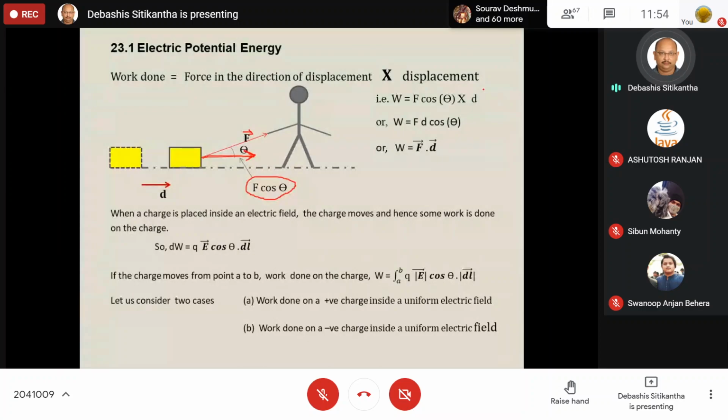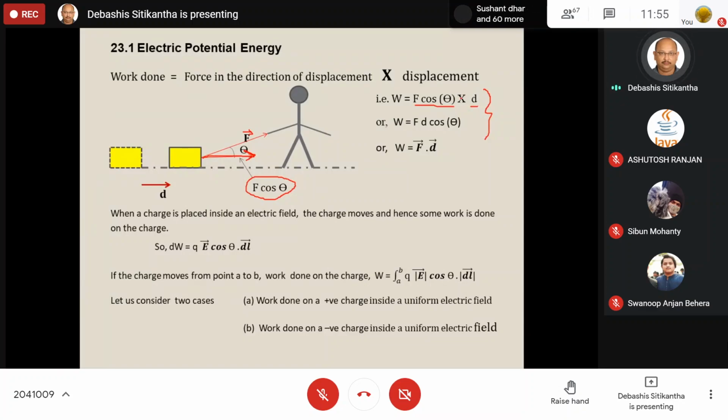Now in this expression, I have not used F or d in vectorial notation. The reason is that ultimately your work done is a scalar quantity, so over here we are not going to represent it in that way. So W is equal to F cos theta, multiplied with the distance that the box has moved by the application of the force.